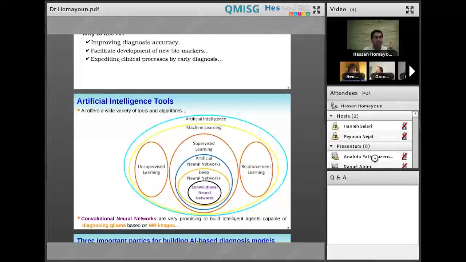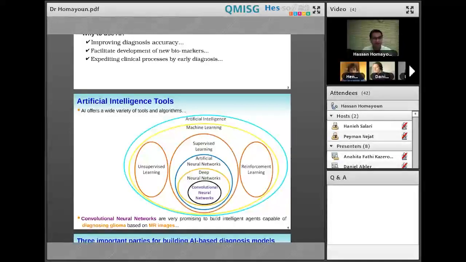Artificial intelligence offers a wide variety of tools, techniques, and algorithms for solving different problems. One of the main categories of these algorithms and models is machine learning. Machine learning algorithms are themselves categorized into three categories: unsupervised, supervised, and reinforcement learning. Supervised learning is very useful in the diagnosis of glioma.